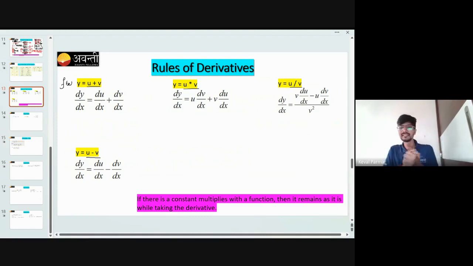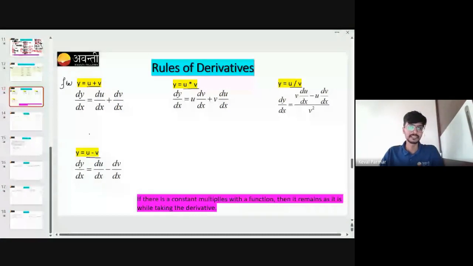So it basically means that for the addition of two functions, if we take the derivative, the derivative also gets added. The same rule is for subtraction. If two functions u and v are subtracted, then their derivatives will also be subtracted.